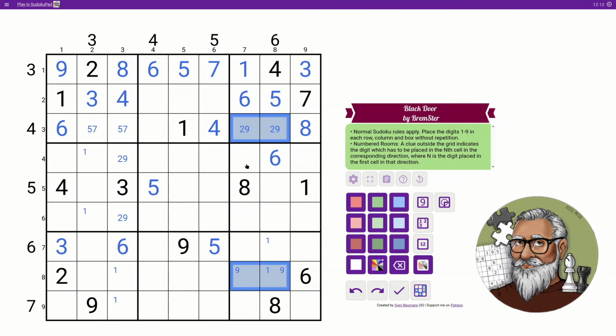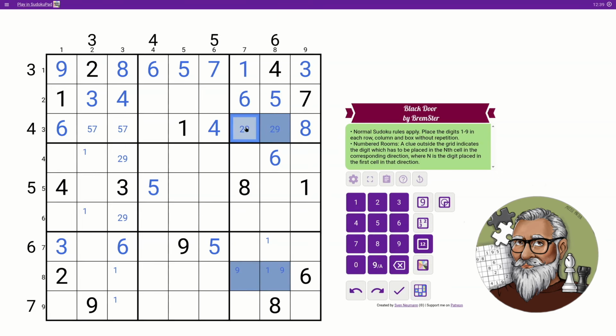It means that we can't have 9 in any other place anymore in column 7 and 8. Why? Because if this is not a 9 in column 7, this one has to be, because if this one isn't a 9, then this one is, and this one isn't a 9, so this one is. And vice versa, if you look at column number 6, if this one isn't a 9, then this one is. And I know that this isn't in column 6, but this is the interaction between the columns and the rows.